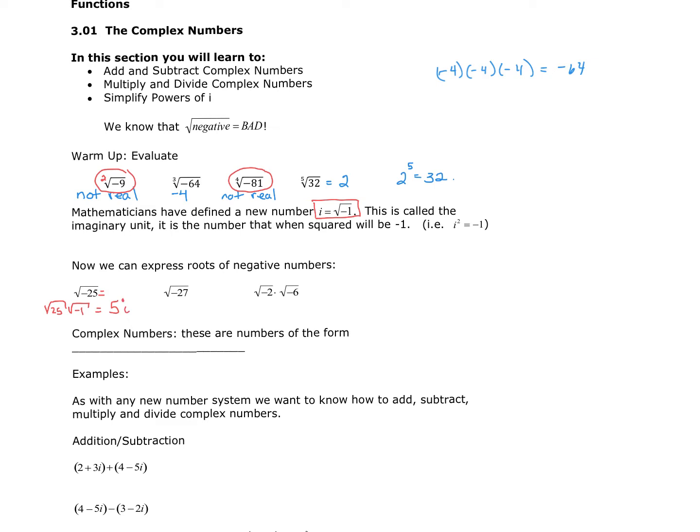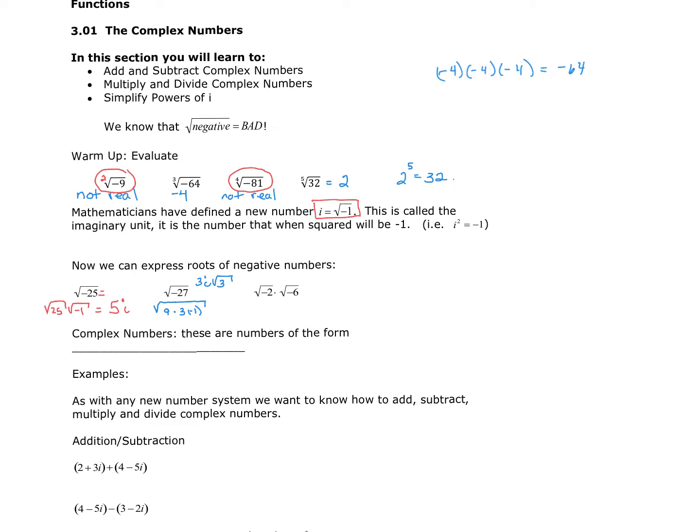By the same token, the square root of -27 is the square root of 9 times 3 times -1, and that would give us 3i, and we would have left over that square root of 3.